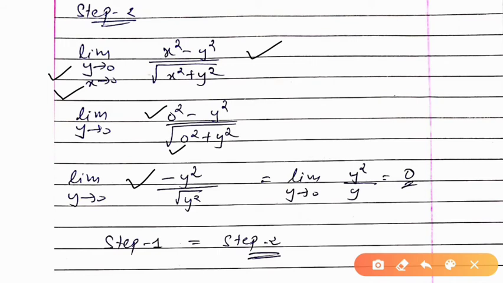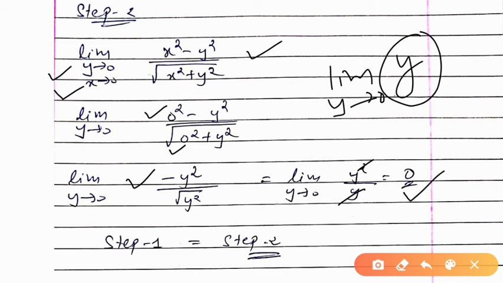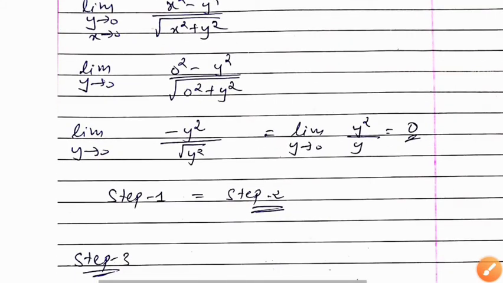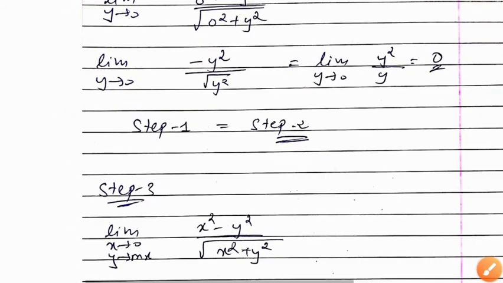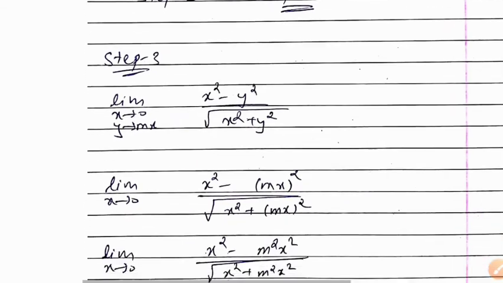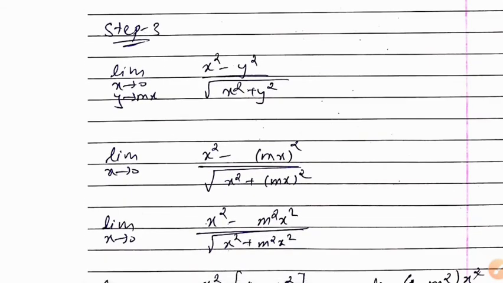Here you can see that y will get cancelled, so you only get limit y tends to 0 of y. Now I will put y equal to 0 over here, and you get your answer as 0. Now you can see that step 1 equal to step 2. When step 1 is equal to step 2, you have to move towards the next step, that is step 3.